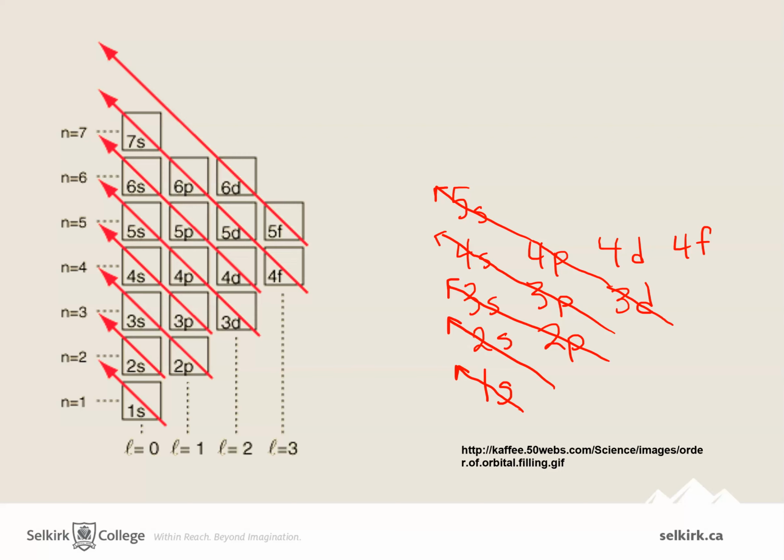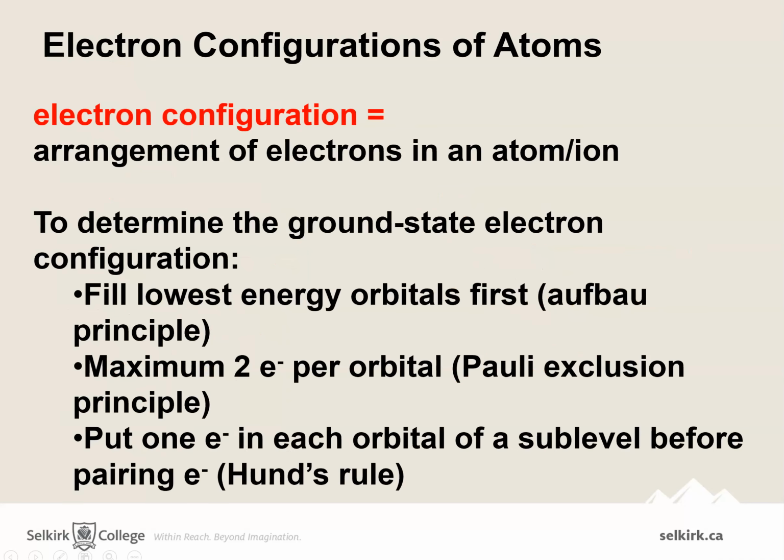All right, now the exciting part. Now that I know the orbital energies, I'm ready to start writing what are called the electron configurations of atoms. I'm going to show the arrangements of the electrons in an atom or ion. And we're going to start by writing the ground state electron configuration.